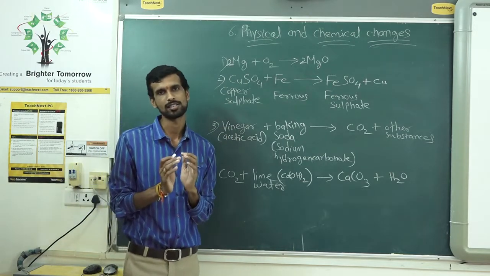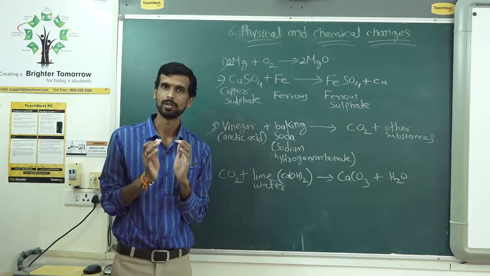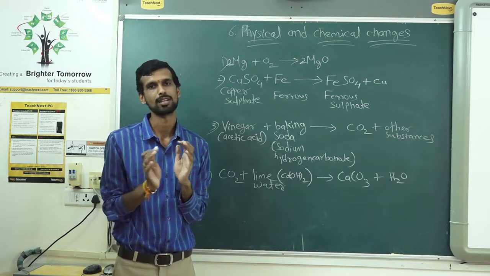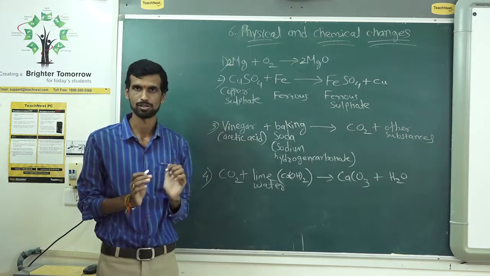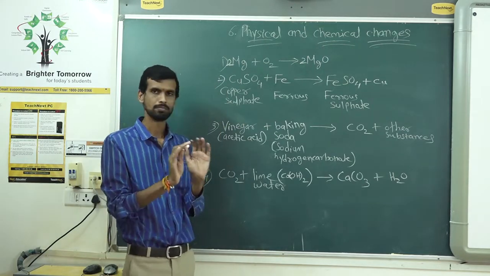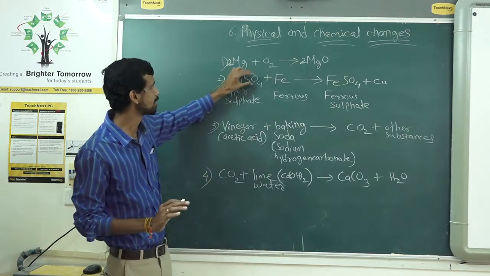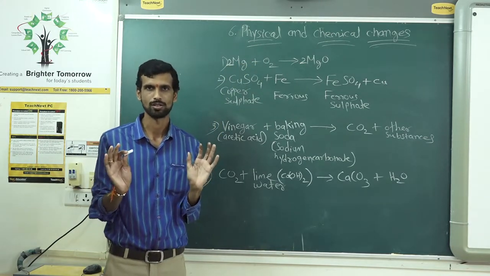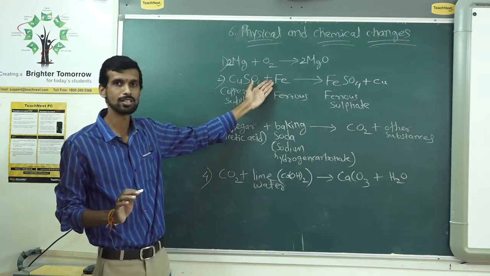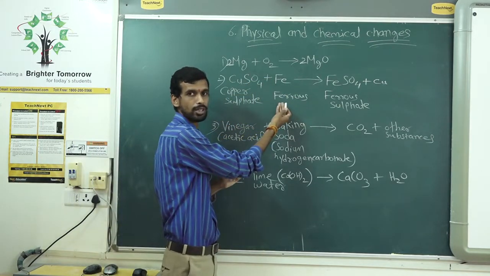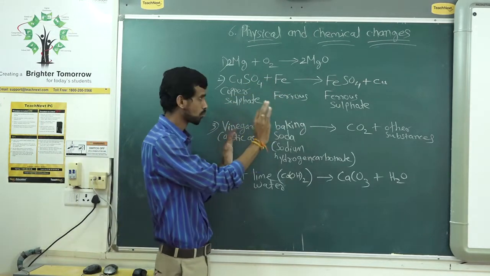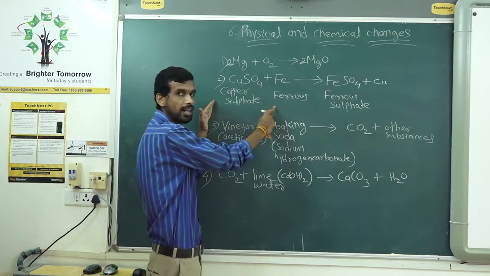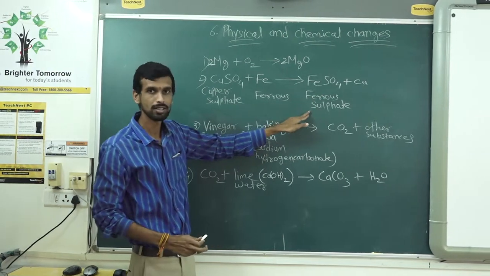In further classes, in 9th, 10th, you will be learning in more detail about elements, compounds, and symbols. Okay. Till then, make it very clear, these are the symbols of various compounds or substances. Okay. So for the iron object, what is the symbol? Fe, or we can call it ferrous. So we have made copper sulfate solution, then we have added the iron nail, and then what has happened?